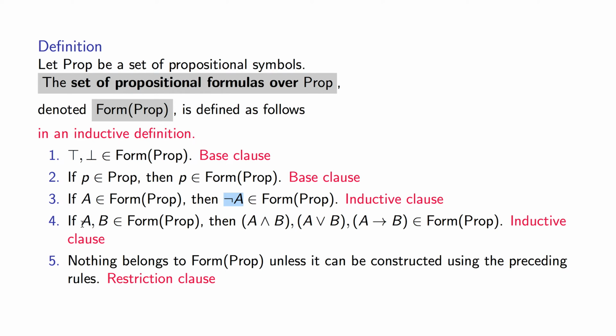The same is visible in point 4. We take A and B, we construct some new items using A and B, and we insist that they belong in the set. Finally, we have a restriction clause.